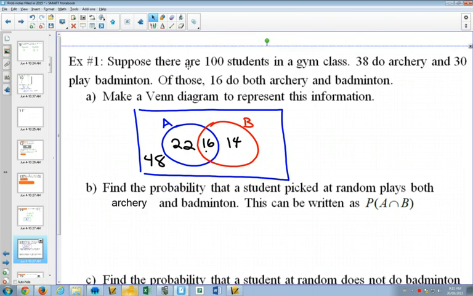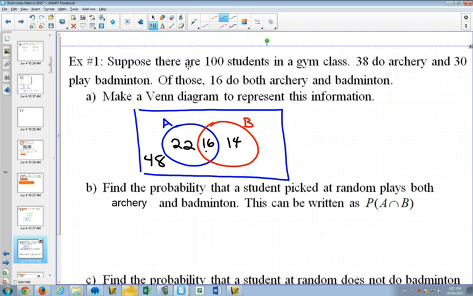So they make up part of the 30, meaning that there's 14 left that still have to play badminton. Does that make sense? And those 16 people are also part of the archery circle. So that would leave 22 other people. Yeah? Awesome.